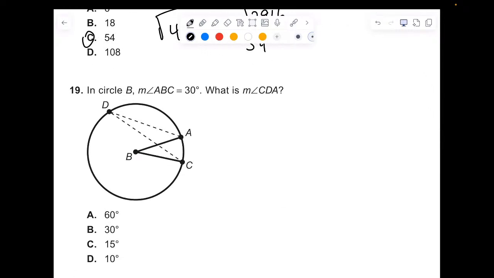In circle B, the measurement of angle ABC is 30 degrees. What is the measurement of CDA? Alright, I gotta think about this.